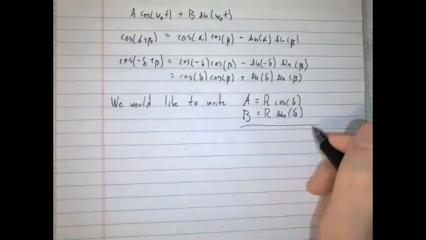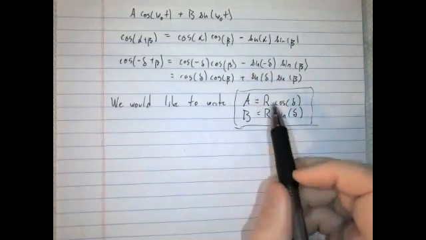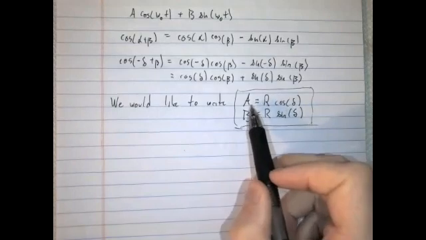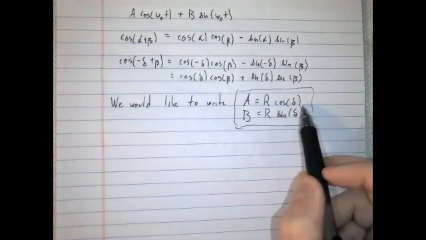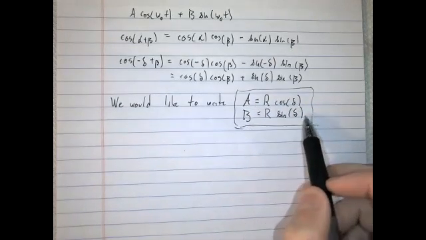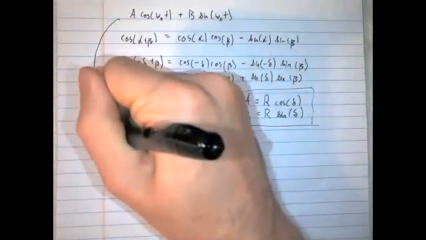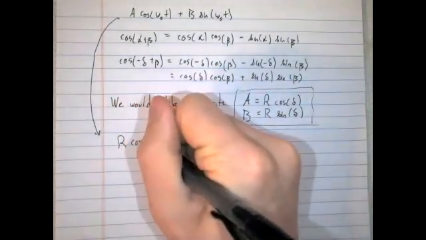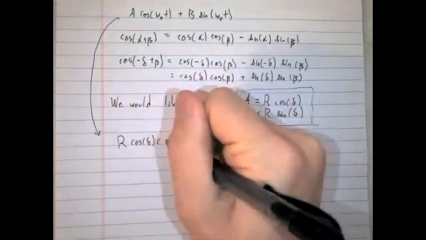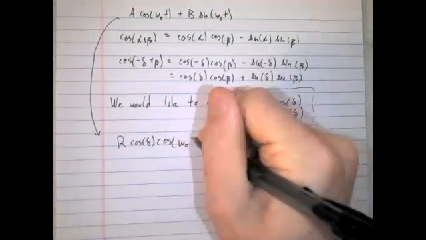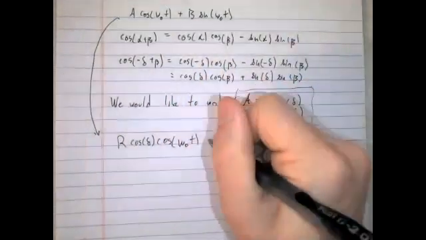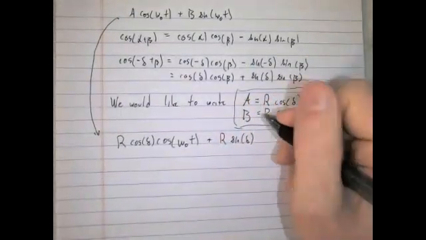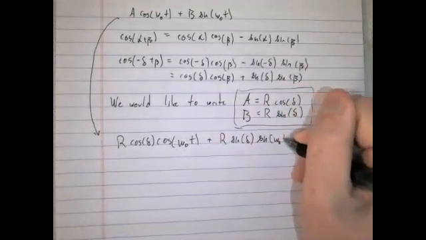If I am able to find some real number R and some angle delta such that simultaneously A is equal to R cosine delta and B is equal to R sine delta, then this whole expression will become R cosine delta cosine of omega naught t, plus R sine delta sine of omega naught t.